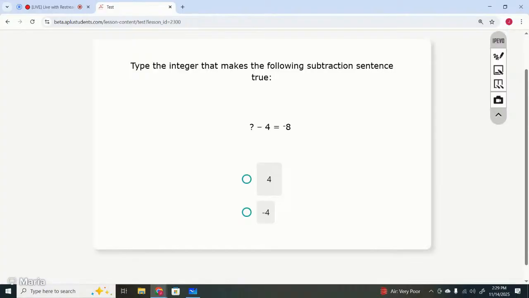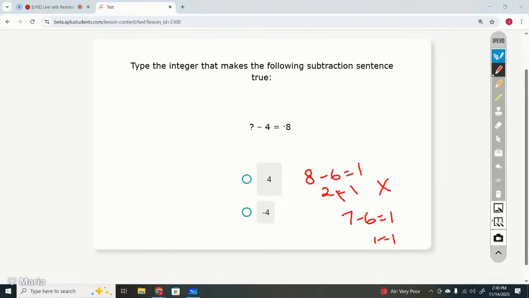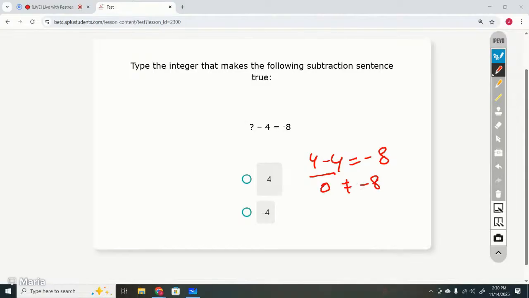Type the integer that makes the following statement true. So let's see which option makes negative 8. Start with the first option. 4 minus 4 is equal to negative 8? 4 minus 4 is 0. 0 is not equal to negative 8.